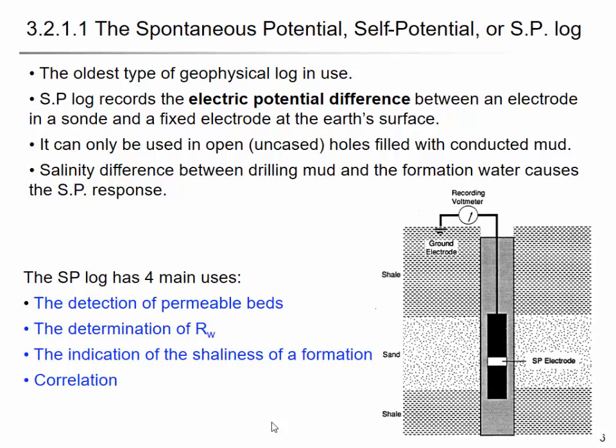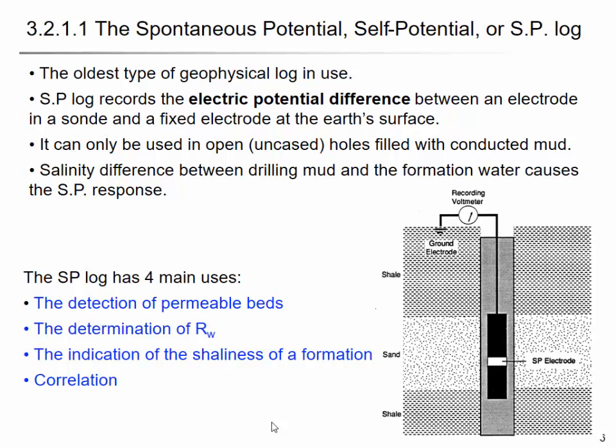And it can only be used in an open, uncased hole filled with conductive mud. So this doesn't have any active source. You don't need any power or battery. It just measures the self potential or the natural potential in the ground. So it's just a passive measurement.